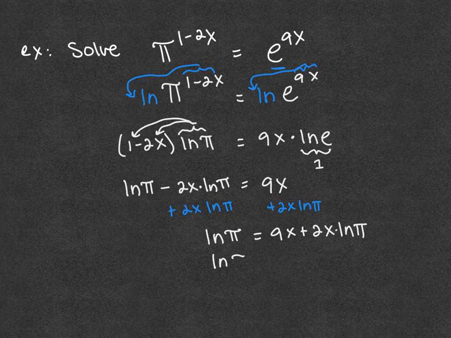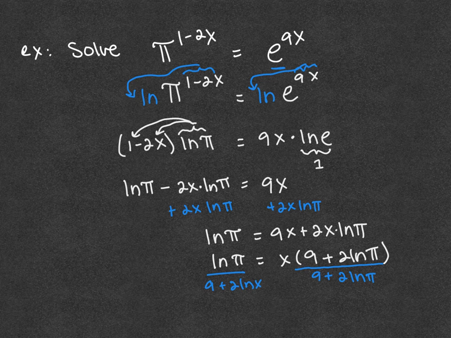We've seen this trick before. What we're going to do is we're going to factor the x out of the right-hand side. So we'll have x times 9 plus 2 times the natural log of pi. And then now, to get that x all by itself on the right-hand side, we're going to divide by this entire expression on both sides of the equation.